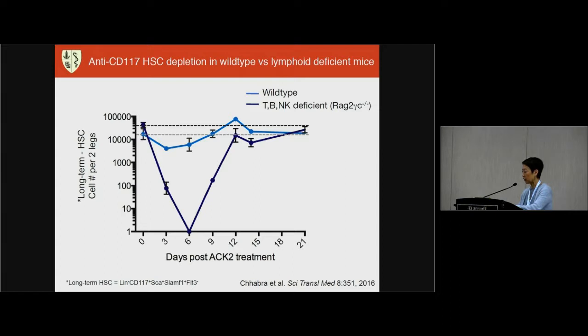This is looking at days, but if you're a wild type animal and you're given the antibody, you can see that the depletion is much more shallow and the rebound is much faster. Whereas we can get engraftment at this time point by putting the stem cells in, we've not been able to get engraftment with just the antibody alone.